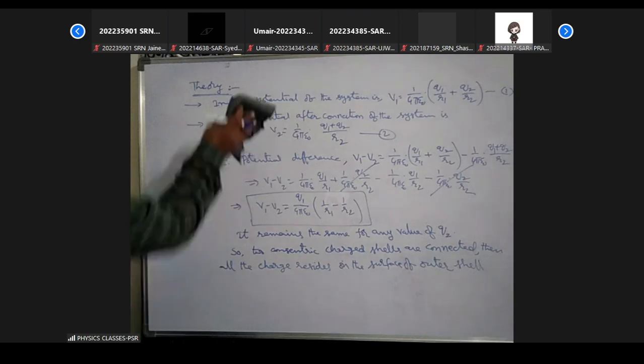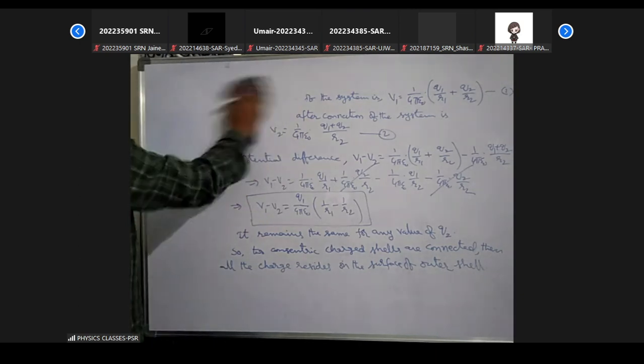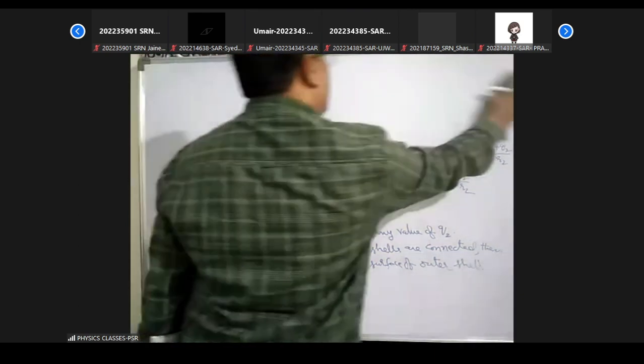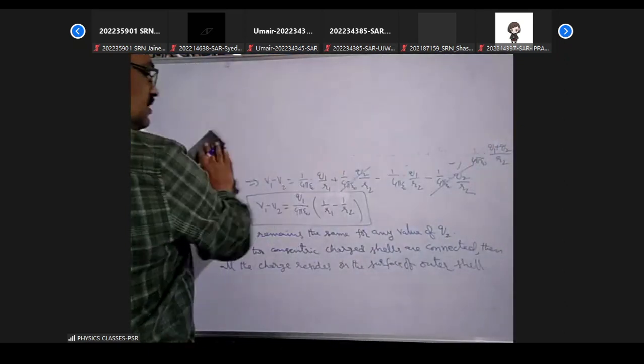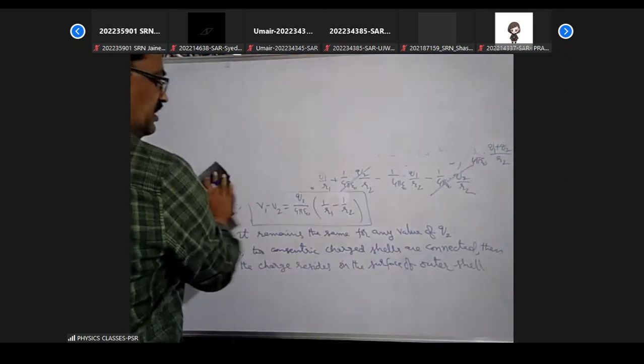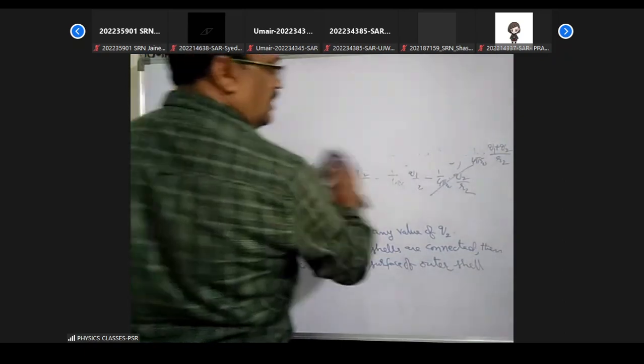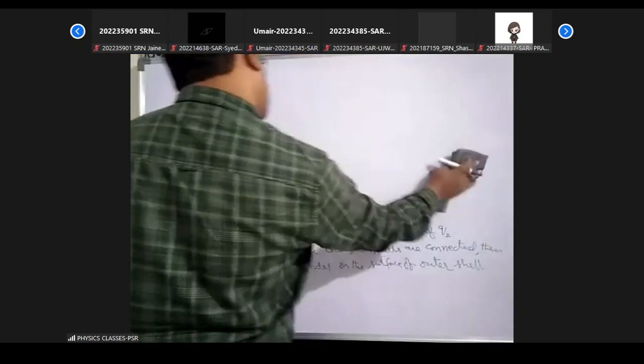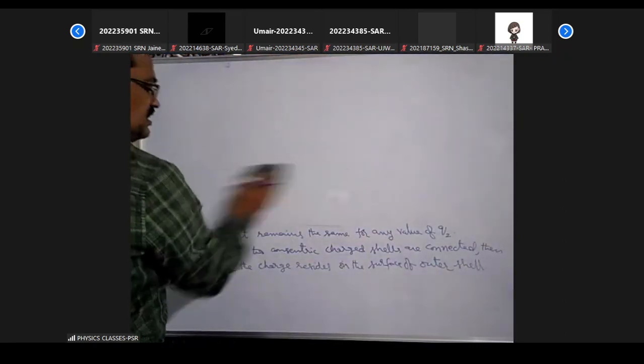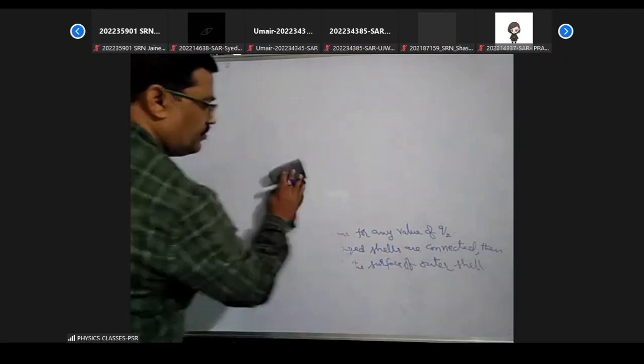Yes, sir. Okay. Now, what is the construction and working of this Van de Graaff generator? For theory only we draw that diagram of an inner sphere and outer shell. But practically, under laboratory conditions, that arrangement is not possible.